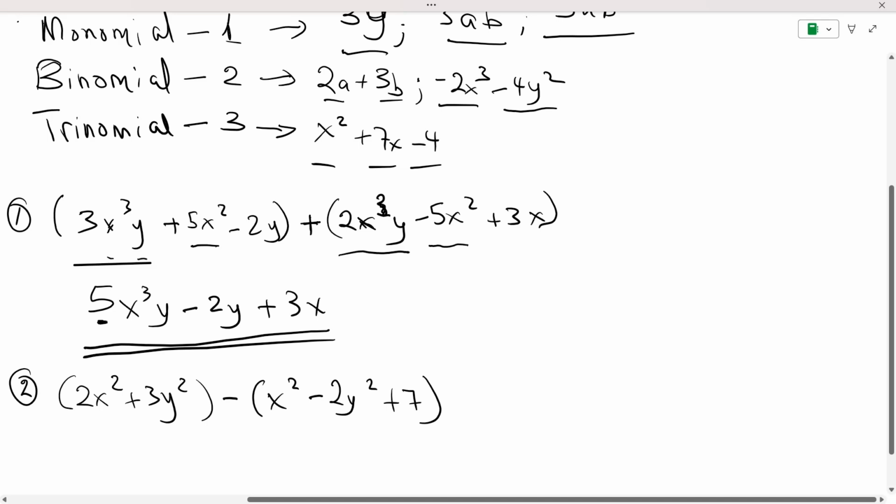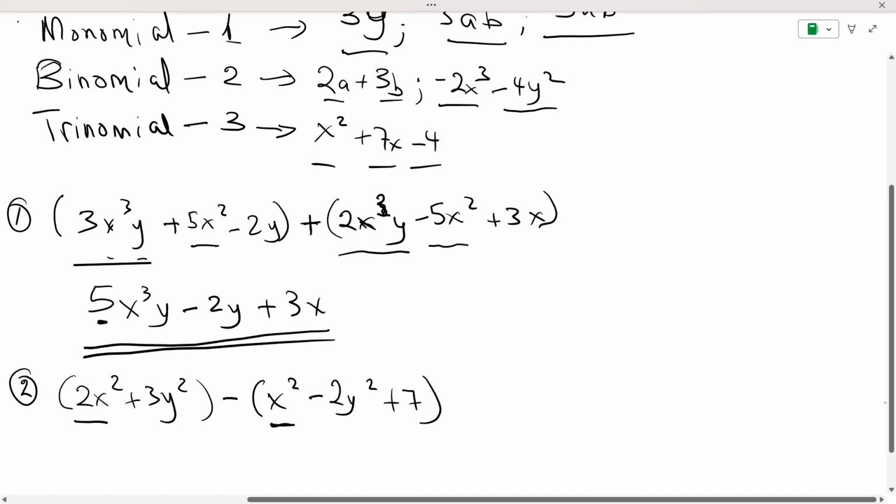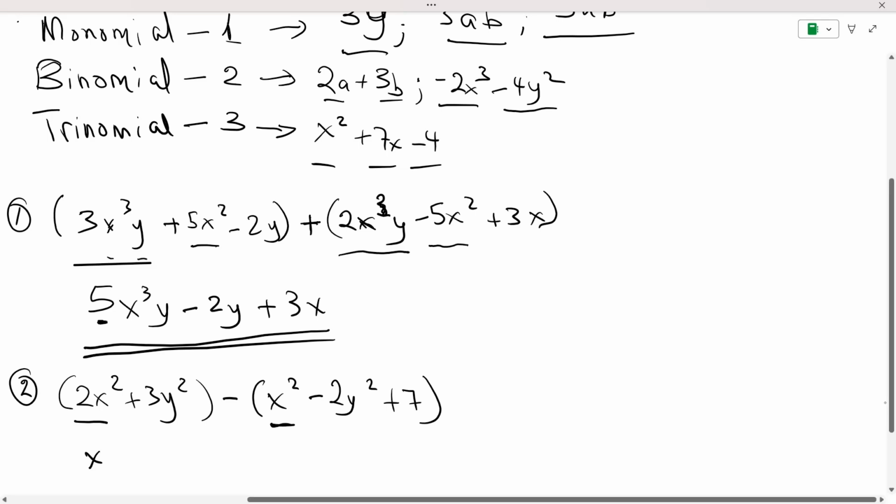Again, we look for what we call like terms. In this case, we look for terms that are similar to 2x squared. So these two are similar. So we have 2x squared minus 1x squared. This will leave us with x squared. Then we look for any term with y squared.